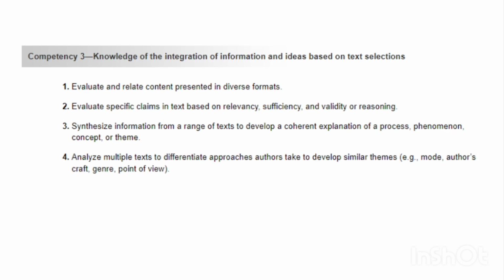Evaluate specific claims in text based on relevancy, sufficiency, and validity of reasoning. Synthesize information from a range of texts to develop a coherent explanation of a process, phenomenon, concept, or theme. Analyze multiple texts to differentiate approaches authors take to develop similar themes. Example, mode, author's craft, genre, and point of view.